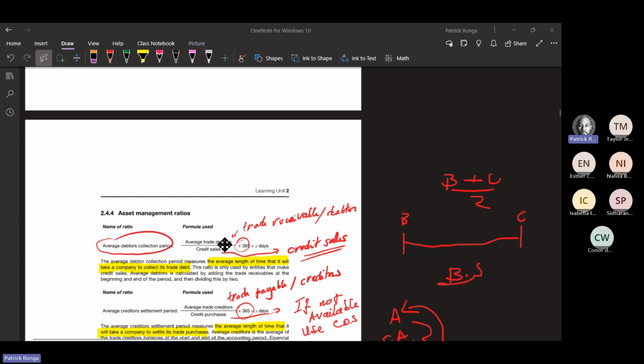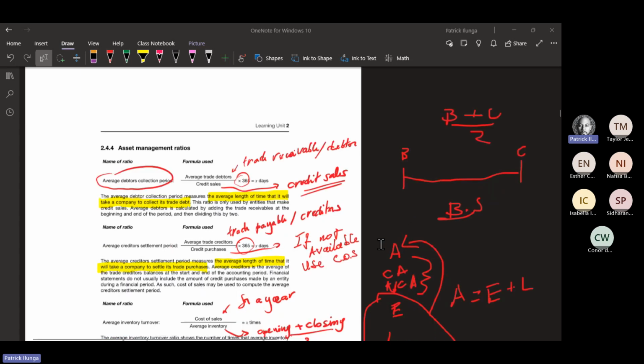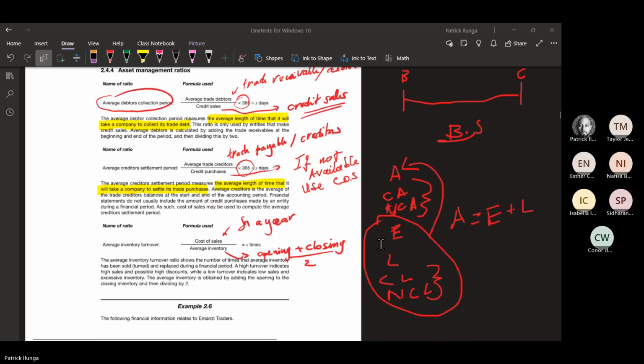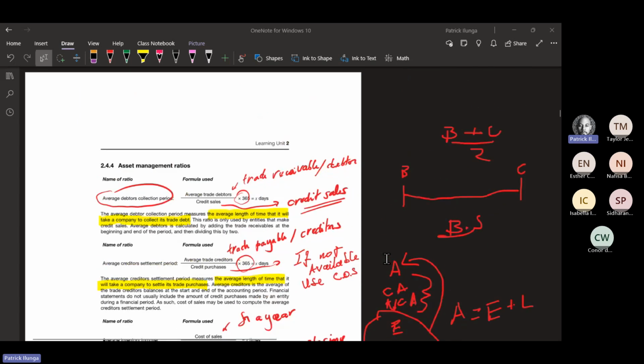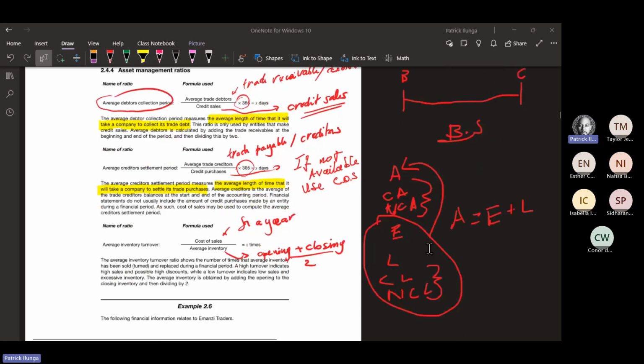Are we on the same page? Are you there, guys? That's your current asset. Remember your balance sheet. Always have your balance sheet. And that's the reason why, knowing that some of you might struggle, I again give you asset, equity, liability.